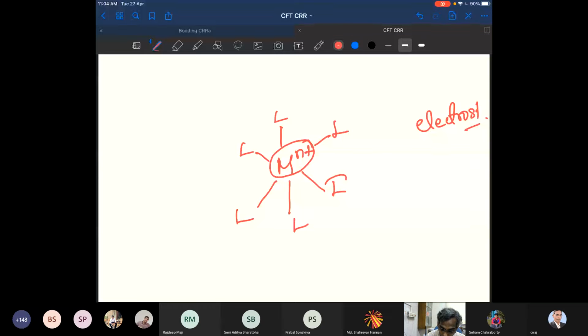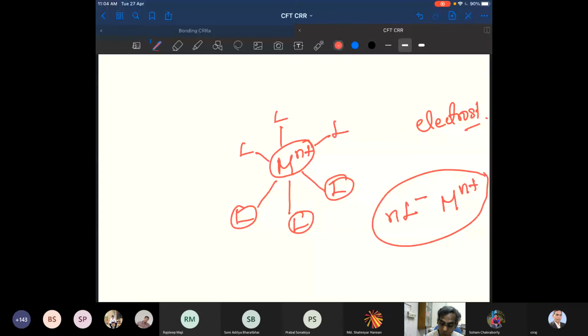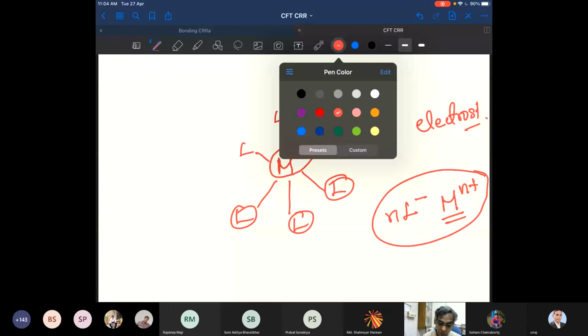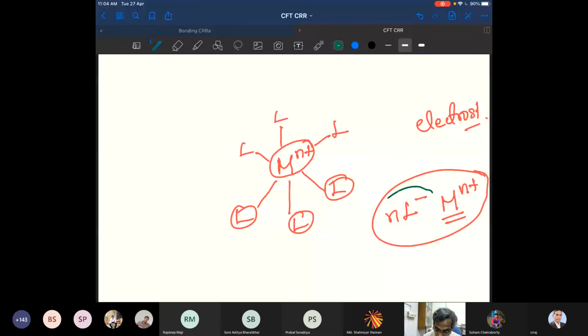Then if that is the case, all these should be negatively charged, right? L minus. You have an Mn+ and then n L minus. These are held together, according to the crystal field theory, by a simple electrostatic interaction between this Mn+ and the ligands.